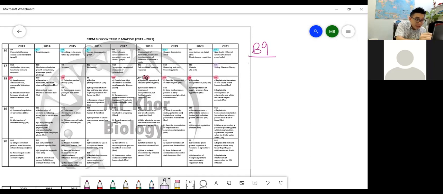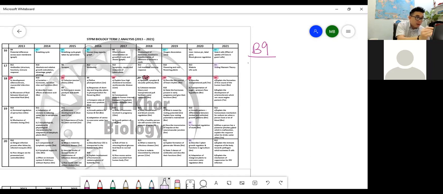Okay, 2020: hormonal regulation of moth, ecdysis, metamorphosis, then plant growth regulator, meaning the hormones.